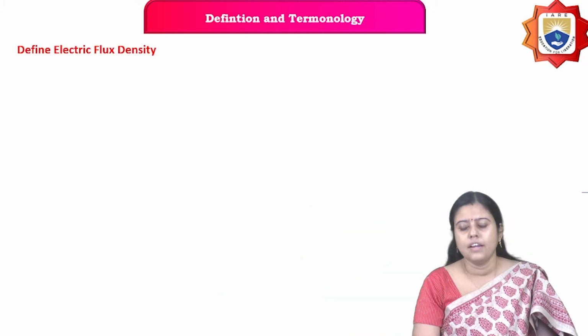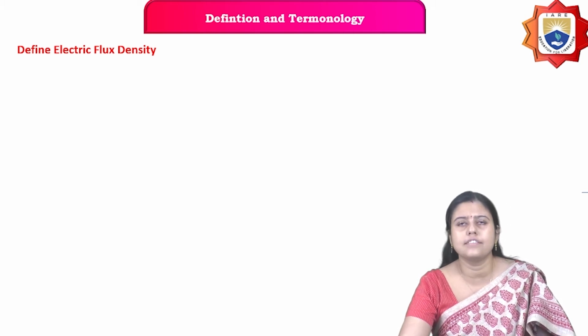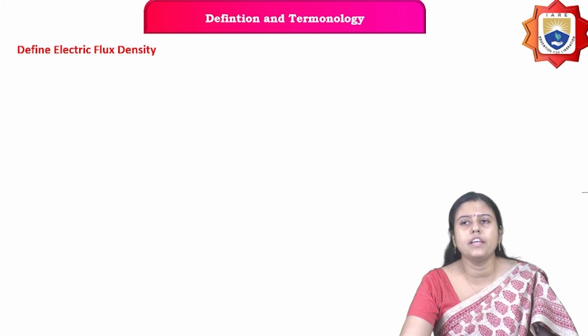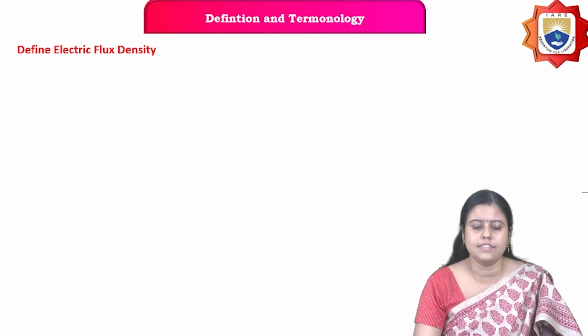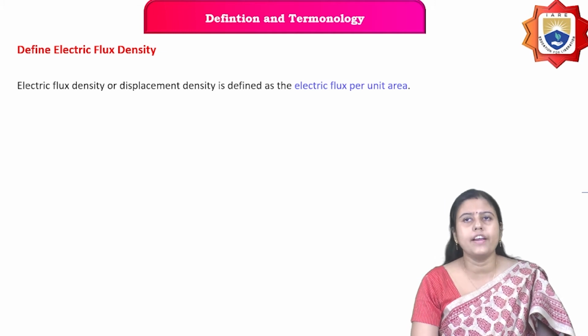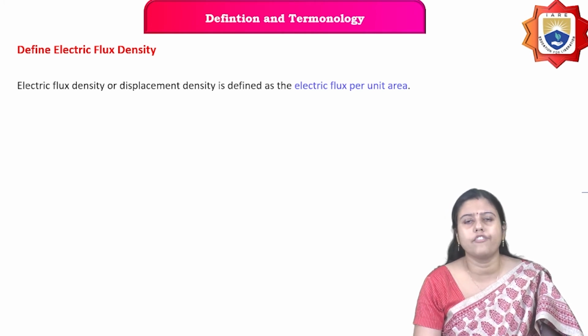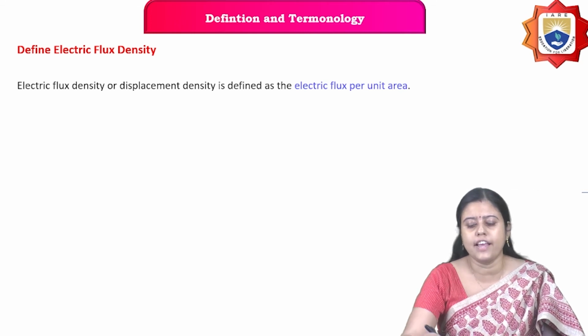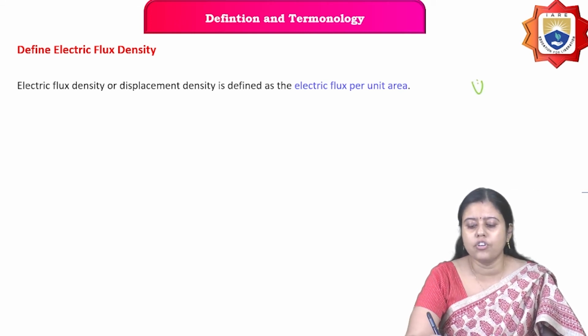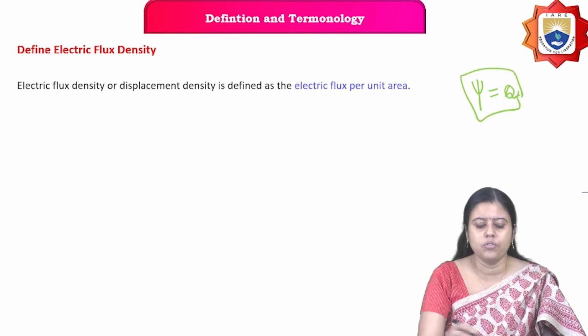Next definition: define electric flux density. What is the meaning of electric flux density? The electric flux density can be defined as the electric flux per unit area. According to the Gauss law, electric flux is equal to charge enclosed.